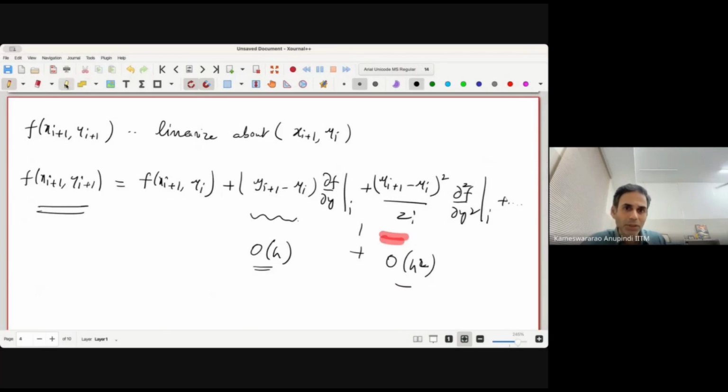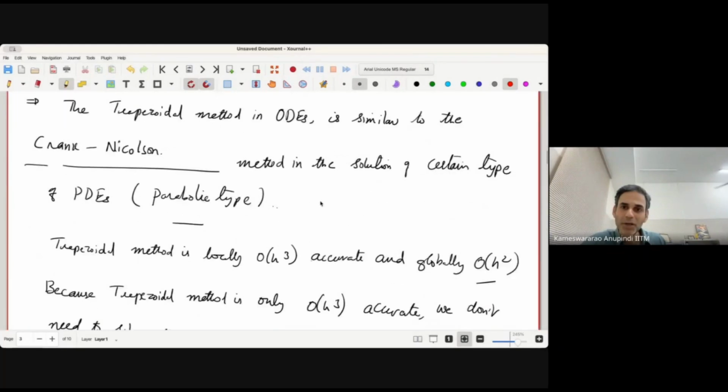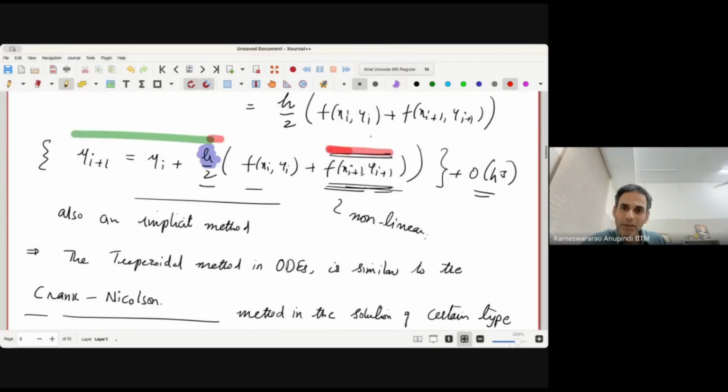That means I'm only including up to here, so my truncation error is order h square. When plugged in here and multiplied with h, it gives order h cube. That is not going to make this any lower, because it is already order h cube and I'm only adding truncation error of the same order. So this is also order h cube.